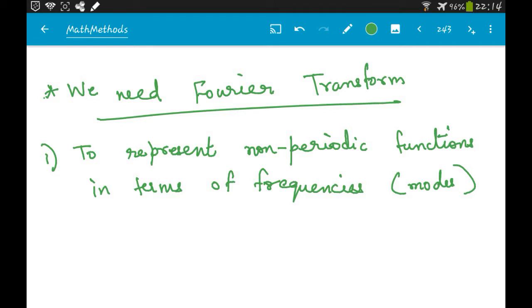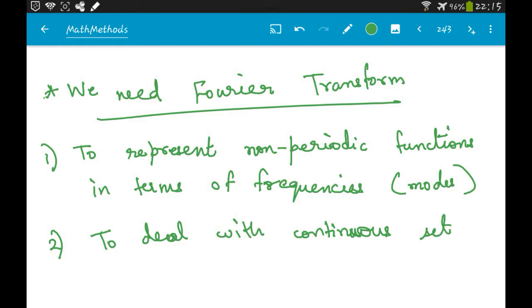And second is to deal with continuous functions, with a continuous set of frequencies.